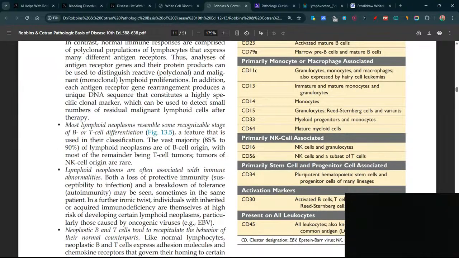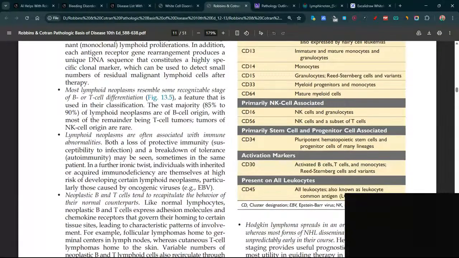Alright, then let's continue. Most lymphoid neoplasms resemble some recognizable stage of B or T cell differentiation, a feature that is used in their classification. The vast majority, 85% to 90%, of lymphoid neoplasms are of B cell origin, with most of the remainder being T cell tumors. Tumors of NK cell origin are also rare.